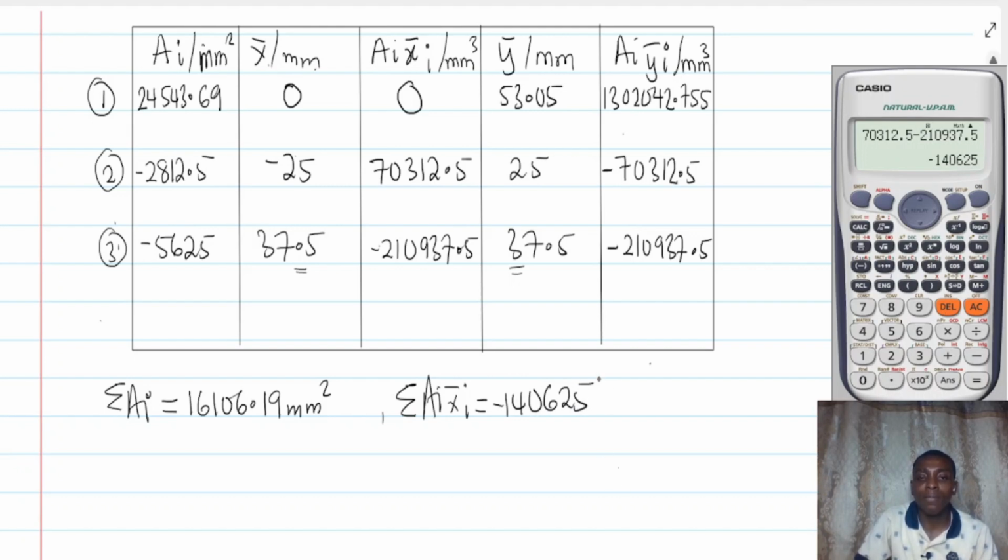Again, with respect to the summation A_i y bar_i, that one is going to be what?